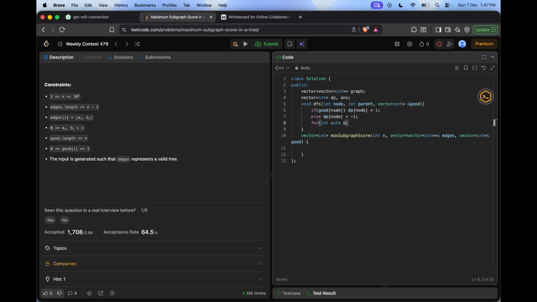Now, the contribution due to its children. If the neighbor is parent, continue, because we are considering only children. First apply DFS so that the DP values are filled for the children.